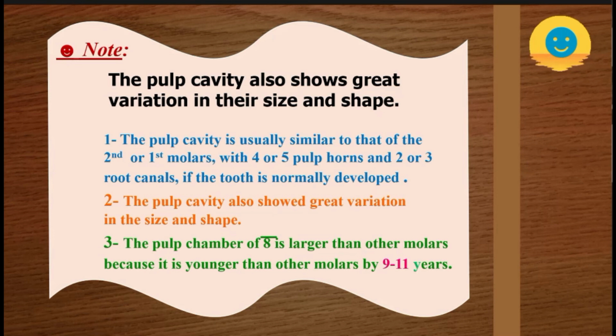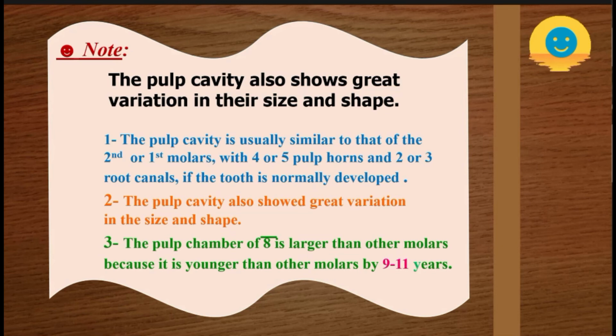If it is similar to the 4 cusp type, 4 pulp horns will be there. If it is 3 cusps or 6 cusps, a similar number of pulp horns will be there. There are 2 or 3 root canals, but if the roots are fused, sometimes the canals are also fused. You may find only one mesial canal and one distal canal, or a single canal in the center, or you may get 3 canals.